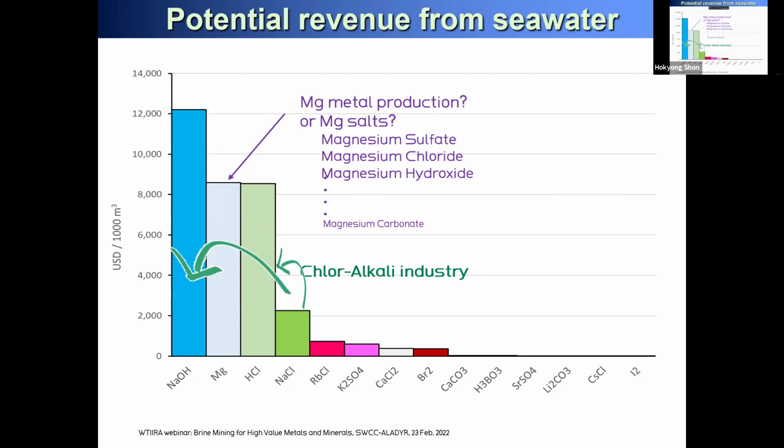So most of the resources up to here, bromine, the top three are sodium hydroxide, magnesium, and HCl, for pharmaceutical purposes or industrial application, you can utilize.